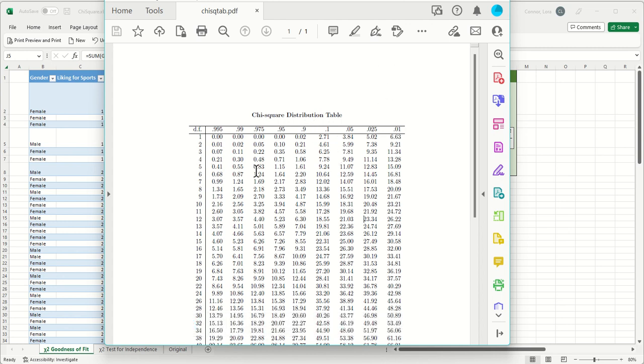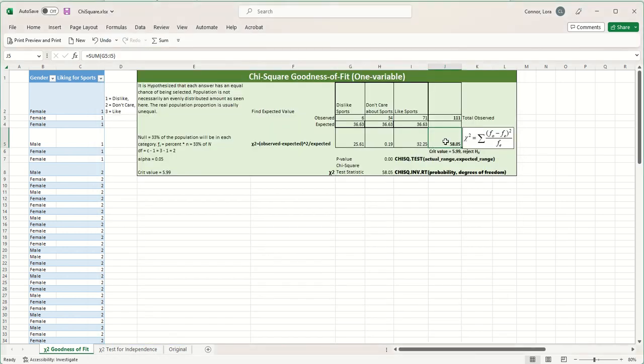The degrees of freedom are the number of categories minus 1. We have 3 categories: dislike, don't care, like. So 3 minus 1 means we have degrees of freedom of 2. If we're going by alpha 0.05, our critical value is 5.99. Our final chi-square far exceeded the 5.99, so we can reject the null hypothesis that these categories are equal to each other.